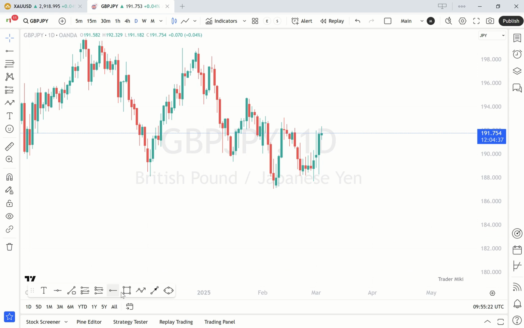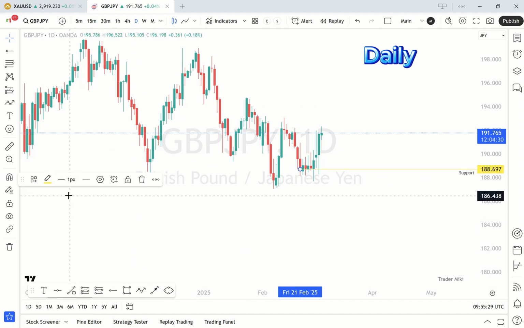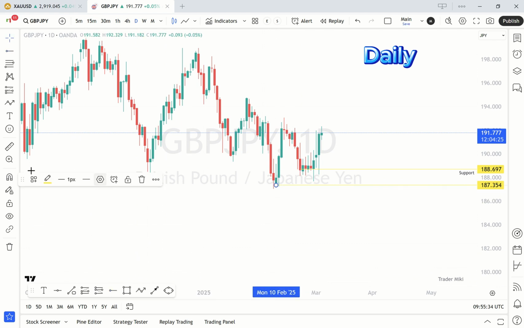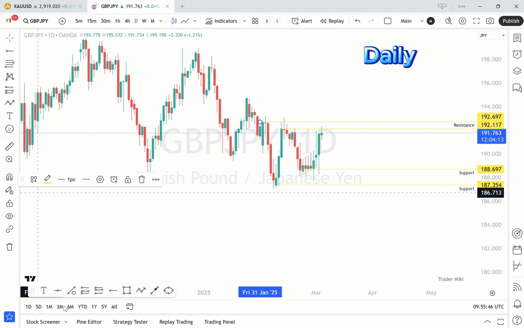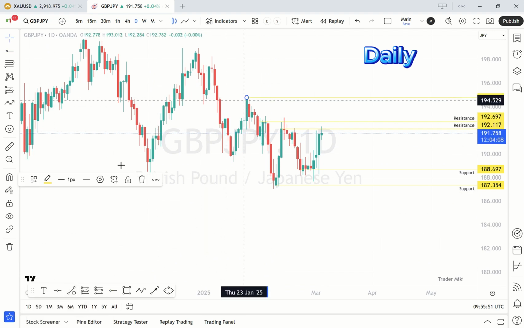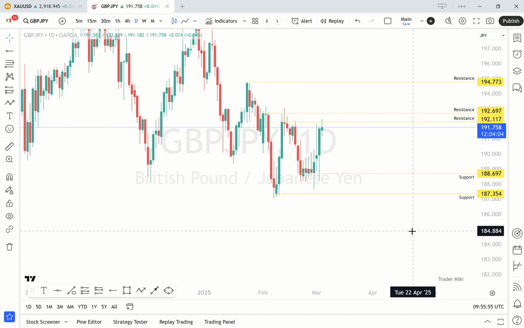So starting with the daily, let's identify the key levels. We've got a support here, resistance, another minor resistance, okay, these are the levels.